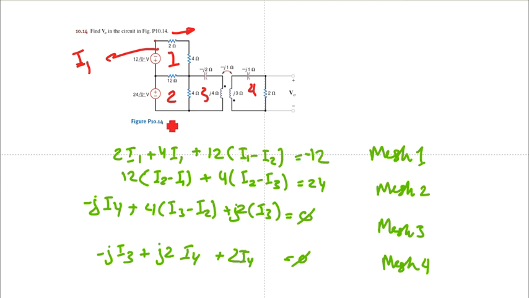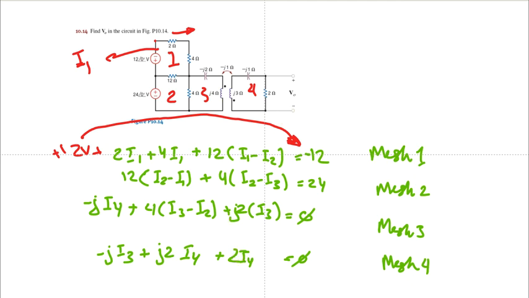minus 12 volts. Or you can just do it this way. Some people add the voltage: since you're going from positive to negative, it's going to be plus 12 volts, and you move the voltage to the other side of the equation. That's how you get the minus 12 volts.